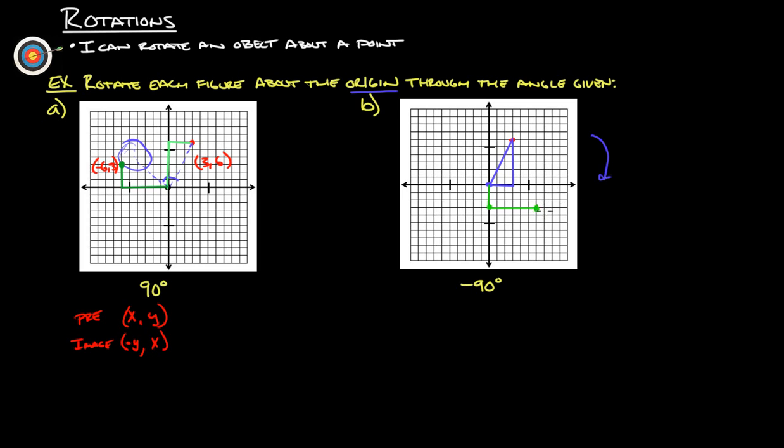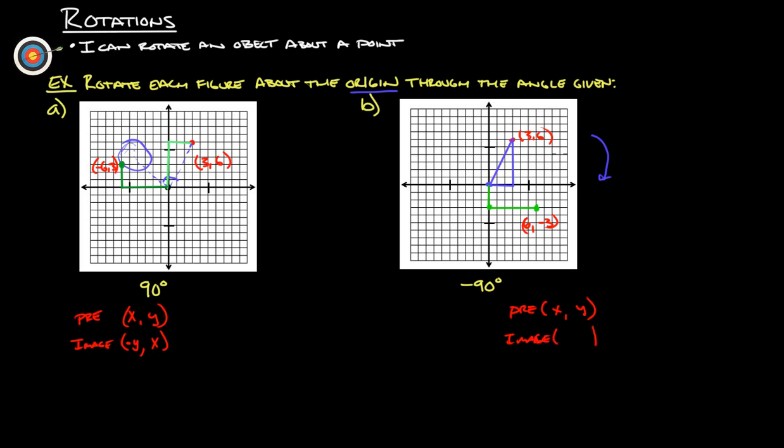Okay, so if we look at the original point here, it was at 3, 6. Oh, look, same thing as that one. And then this one here ends up being at 6, -3. So again, we have the pre-image, which is x and y, and then the image.